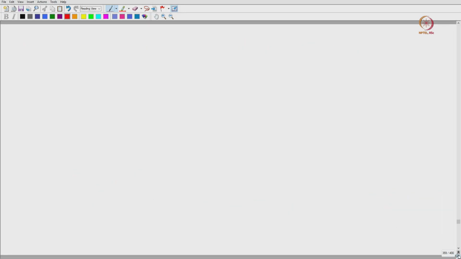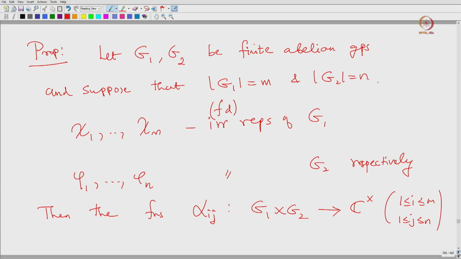They are defined as follows: alpha ij of (g1, g2) is exactly given by chi i of g1 times phi j of g2. Basically, given two representations chi i and phi j, we will be able to produce a one dimensional representation of G1 cross G2.